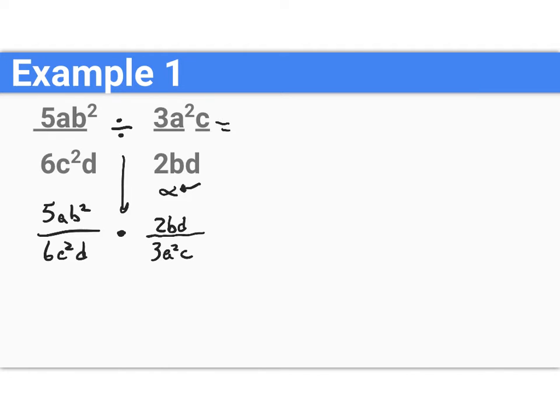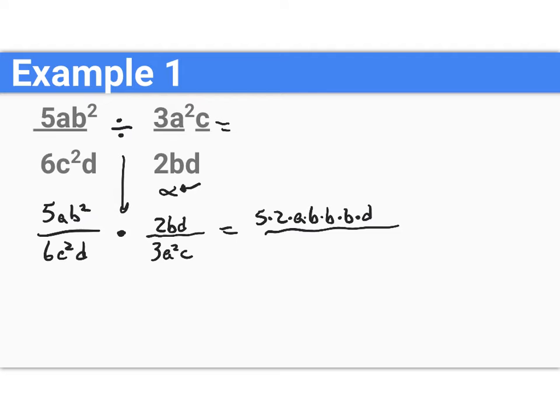So now what we're going to do is 5 times 2, a, b times b is all multiplying times another b times d, because b squared is 2 b's, and we have a third b in there, so we got 3 b's and a d.